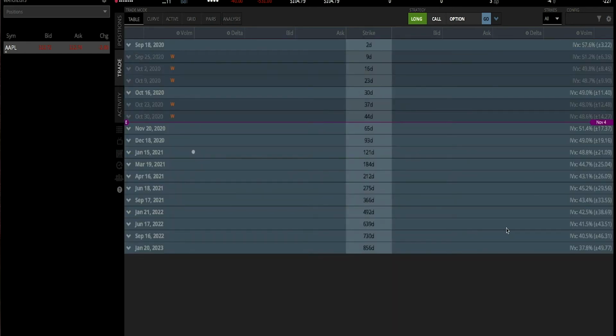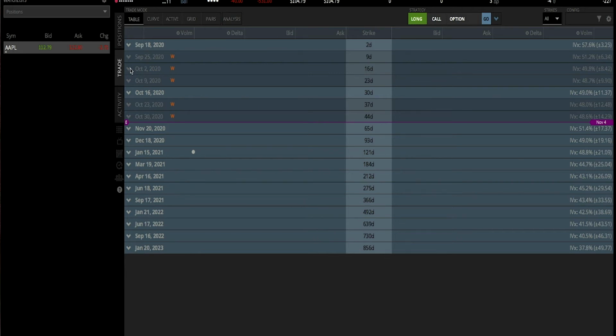So as you see in Tastyworks, it makes it very simple for you. For instance, if you're swinging a contract, the date today is mid-September, but if we were looking to swing a stock, for instance, this particular stock is Apple.